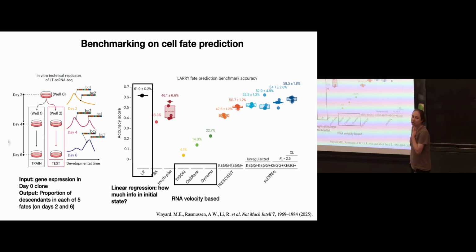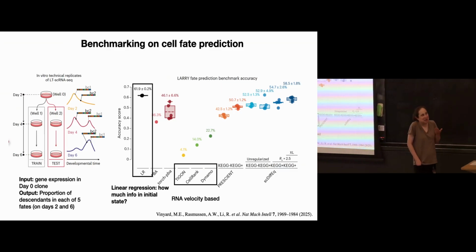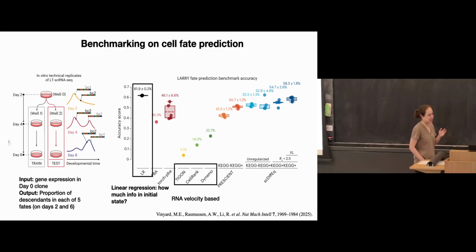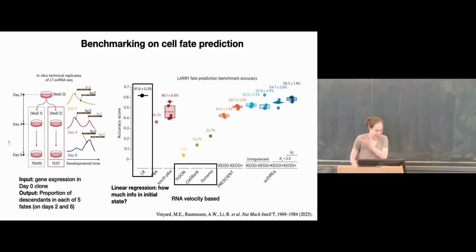These methods actually do really badly. This is just what these people found, and again, I think Sam will talk a lot more about this, but the RNA velocity stuff, a very cool idea, I think, and very tricky in practice.